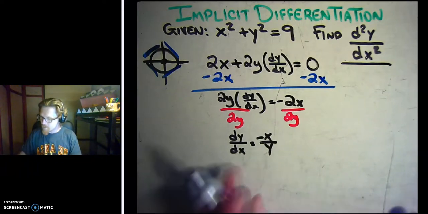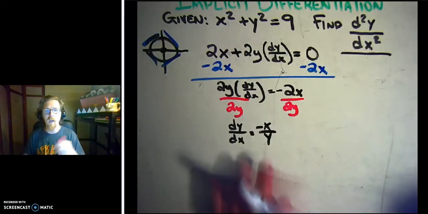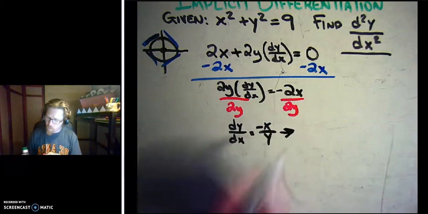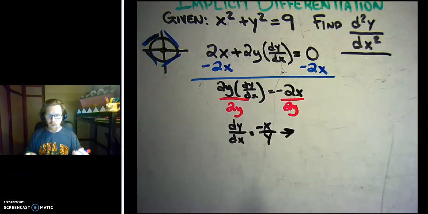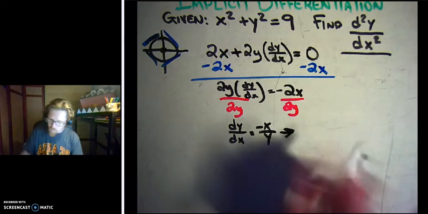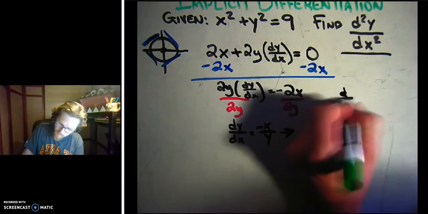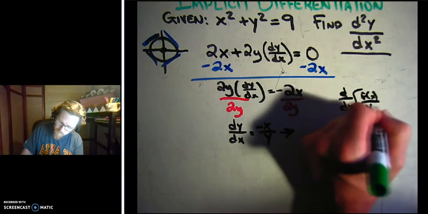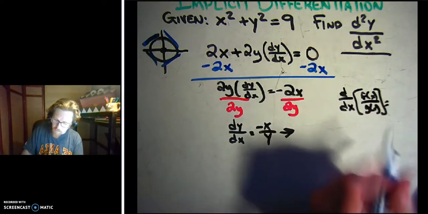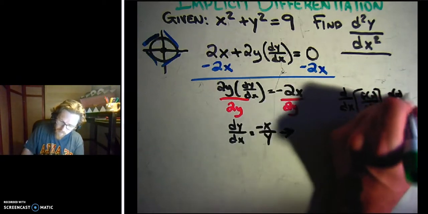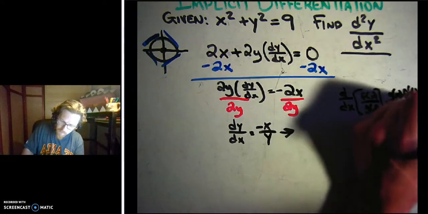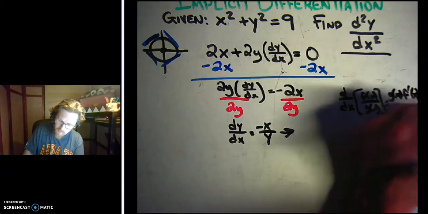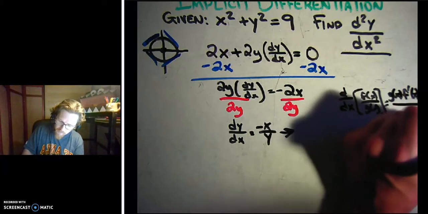So we need to take the derivative of the derivative. Now we'll notice that this is a quotient, so we need to apply our quotient rule. If you're taking the derivative of a function that is a quotient, the rule is the denominator times the derivative of the numerator minus the numerator times the derivative of the denominator, divided by the denominator squared.